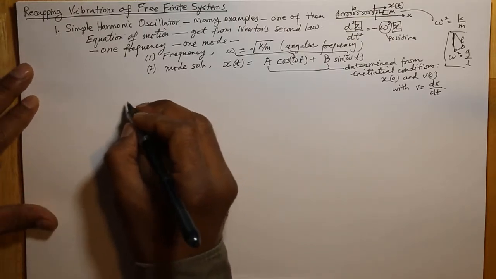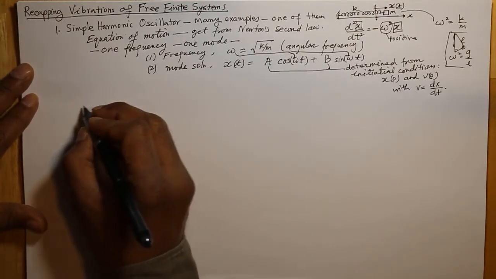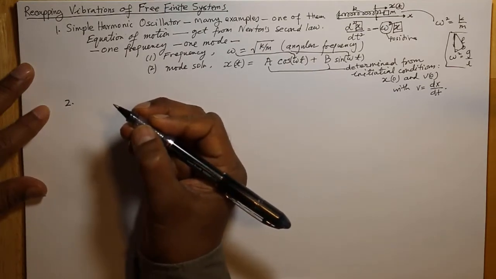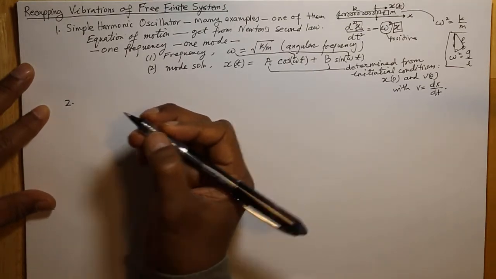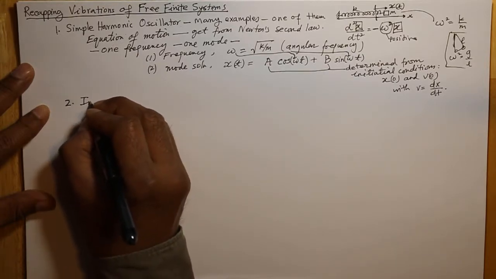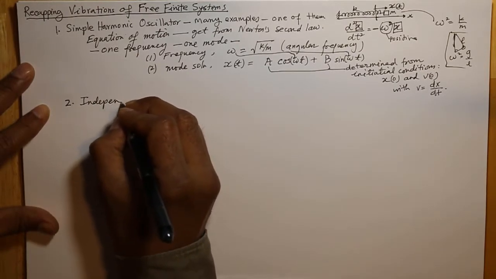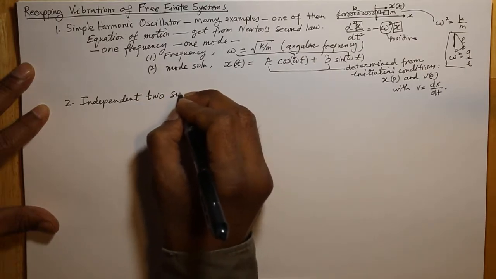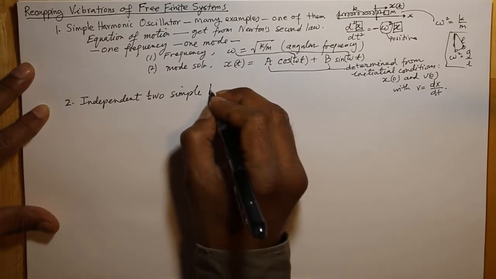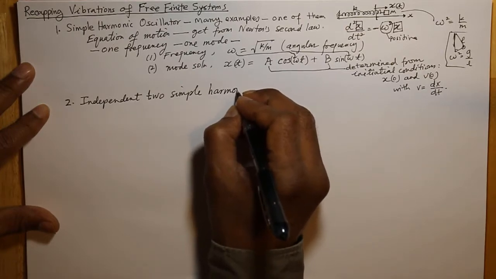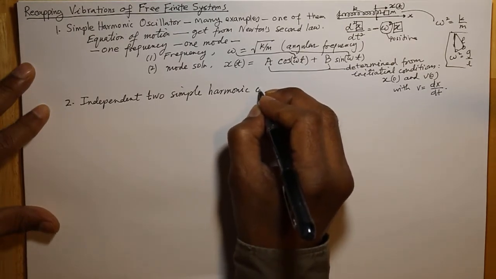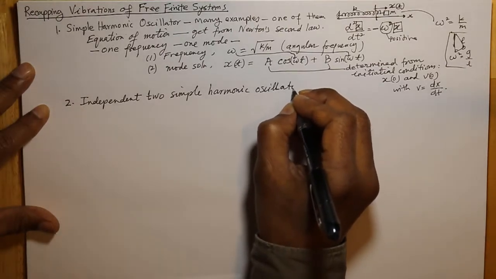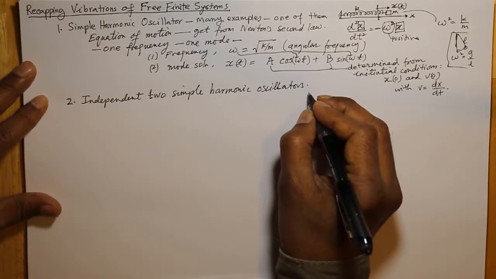Okay, so the second type of system we did was two independent simple harmonic oscillators. What do I mean by this?